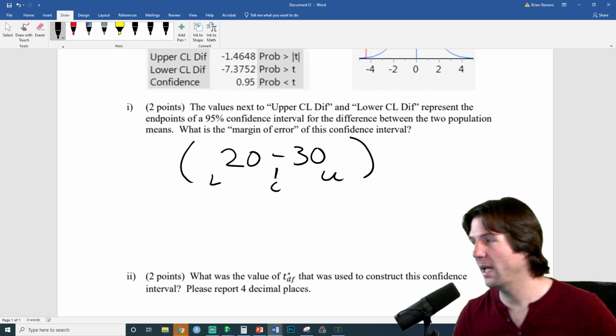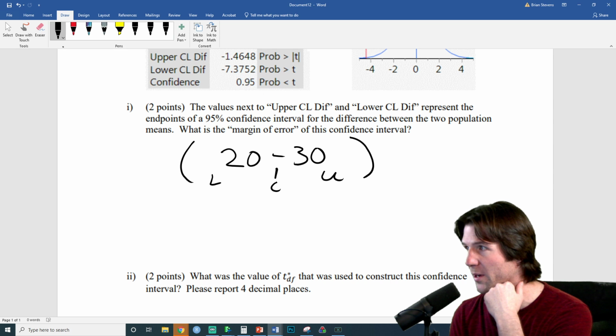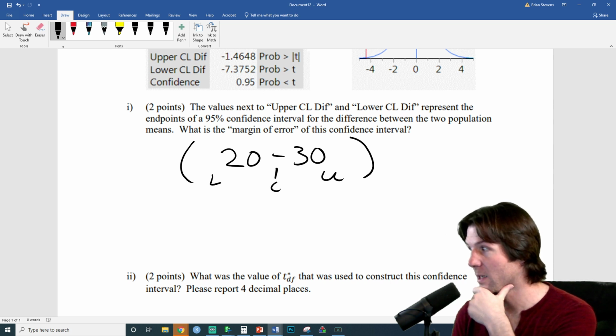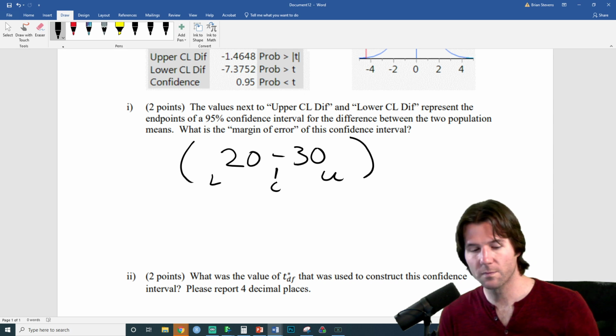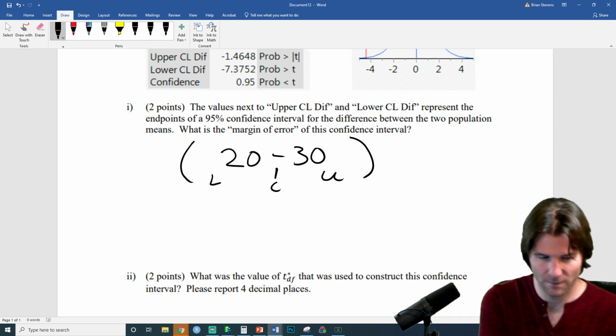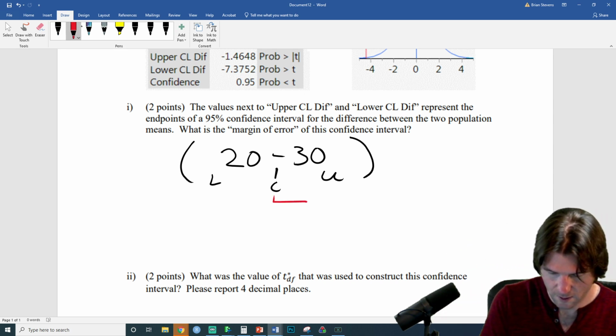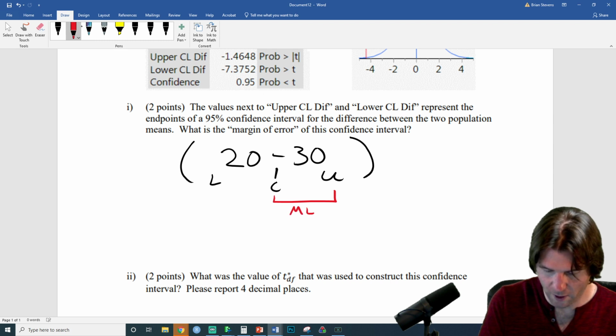Can anyone in their head tell me the margin of error of $20 to $30? You got it. It's 5. Now how can we know that? There's a lot of ways. This is a margin of error.